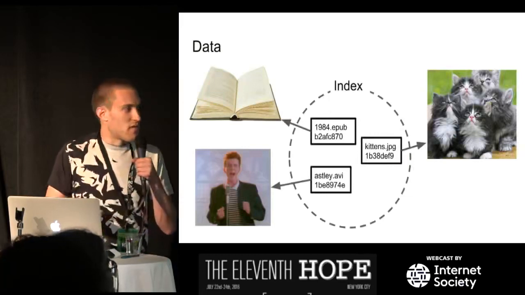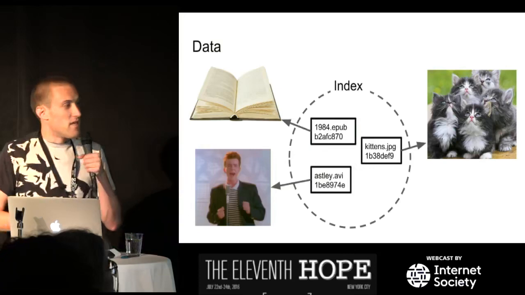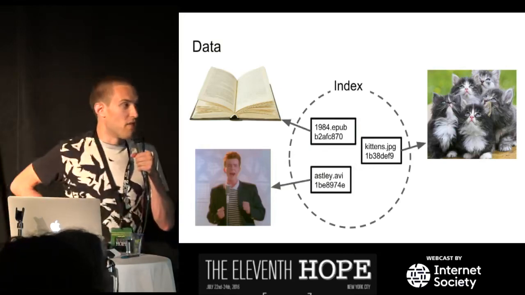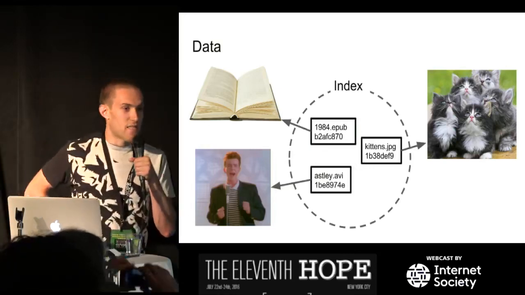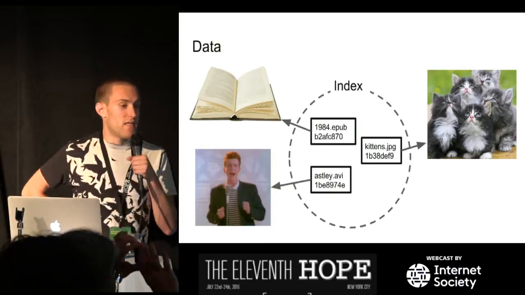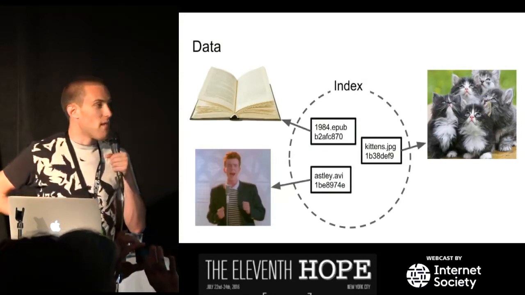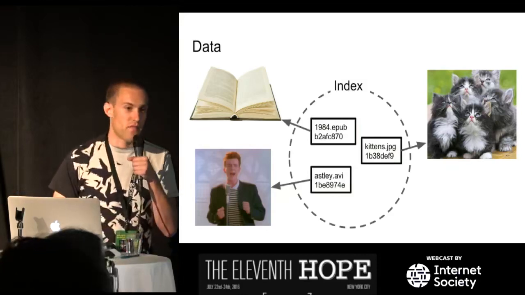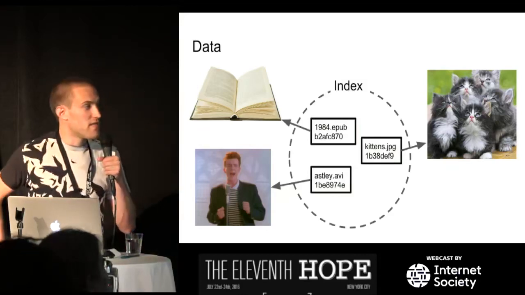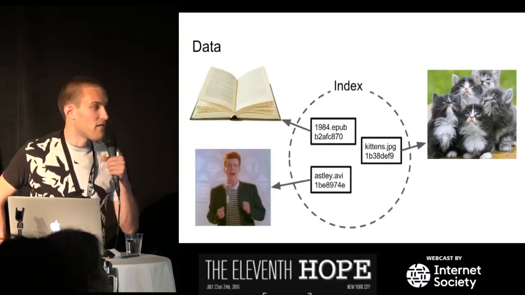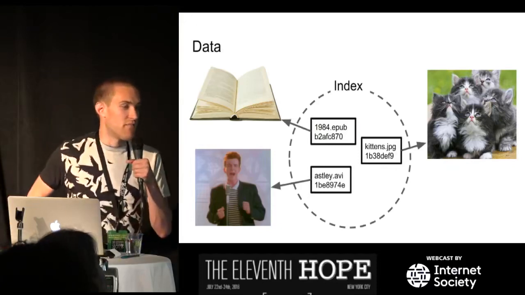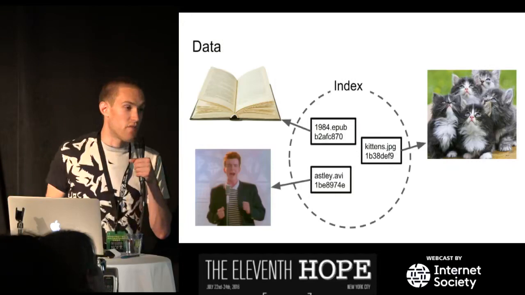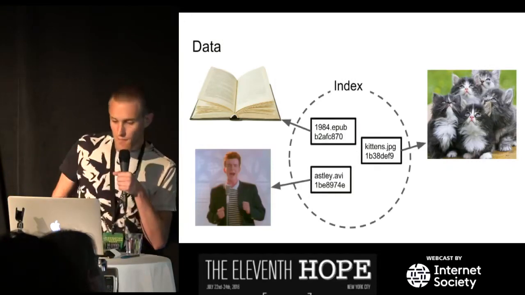So the general structure that I've got here is there's a central index for the library. Each entry in the index is a pair of two things. One is a human readable name for the file, and the other thing is a content hash of the file. And that is basically a link that you can use to retrieve the full file.